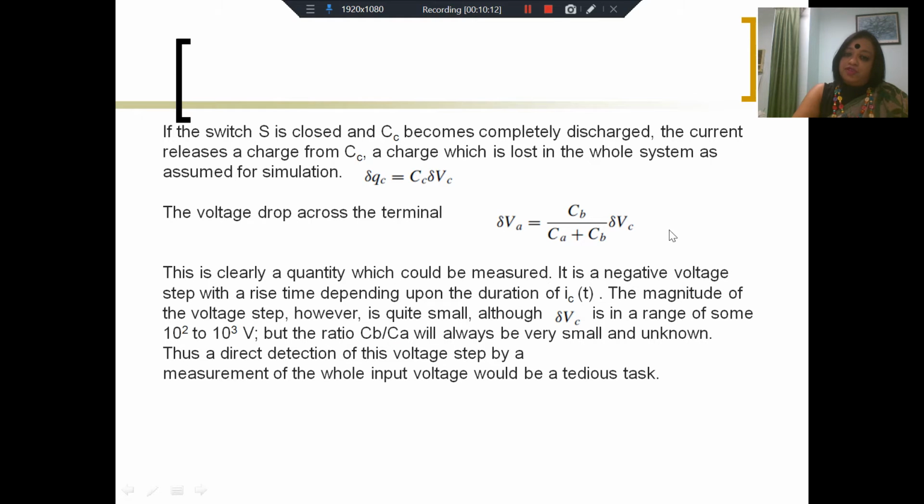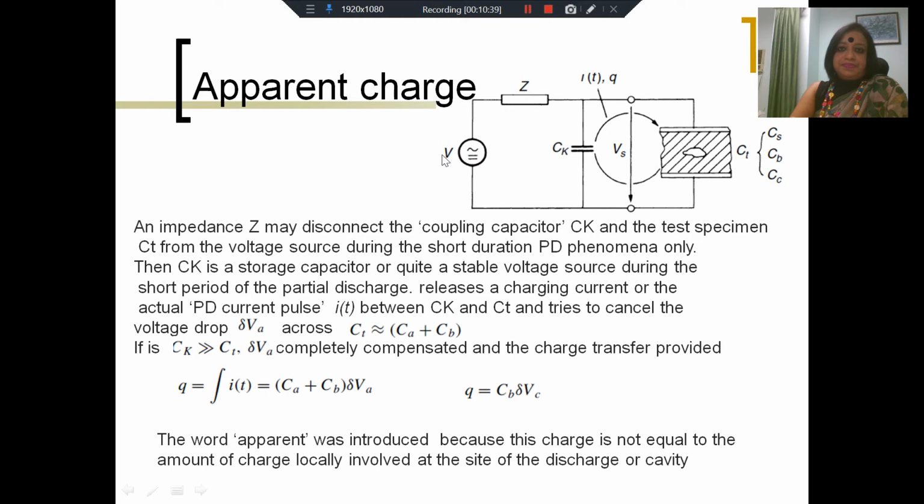And moreover, we do not know the values of these equivalent circuit parameters, CB, CA, etc. And therefore, it is not really meaningful to try and estimate delta VC from delta VA. If we could measure delta VC from delta VA, we could find delta QC. But since we cannot find delta VC from delta VA, practically speaking, we are not in a position to estimate delta QC. So we will have to do something else.